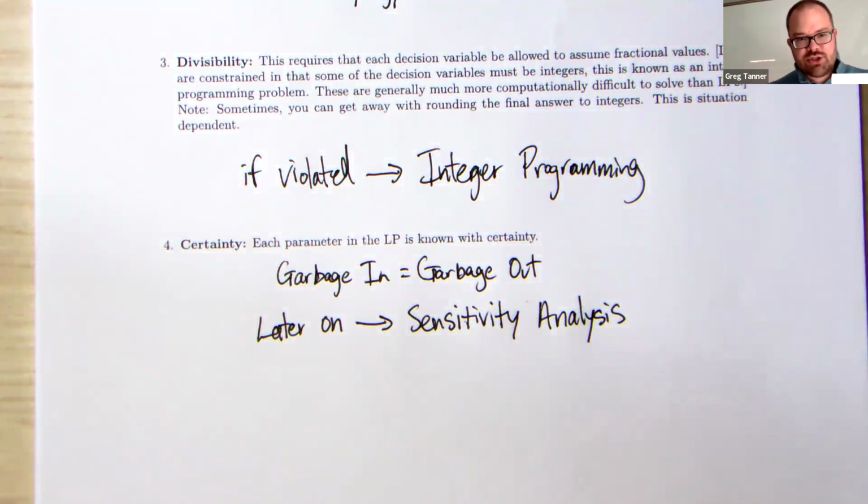And I should expect that as I change those parameters, either the feasible region changes, and so some solutions that were feasible before are no longer feasible, or the objective function changes, and so I might switch which solution ends up being the optimal solution.